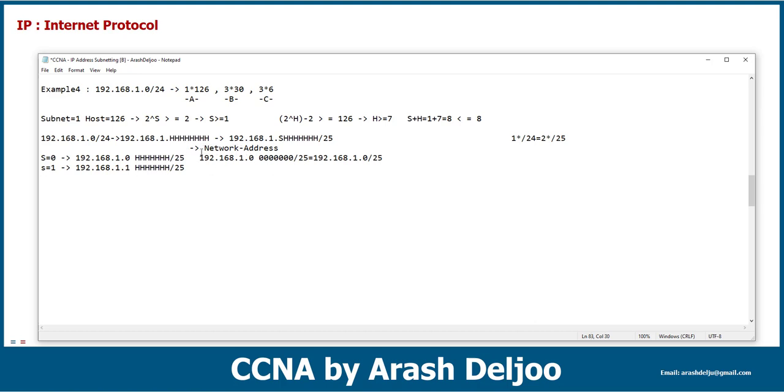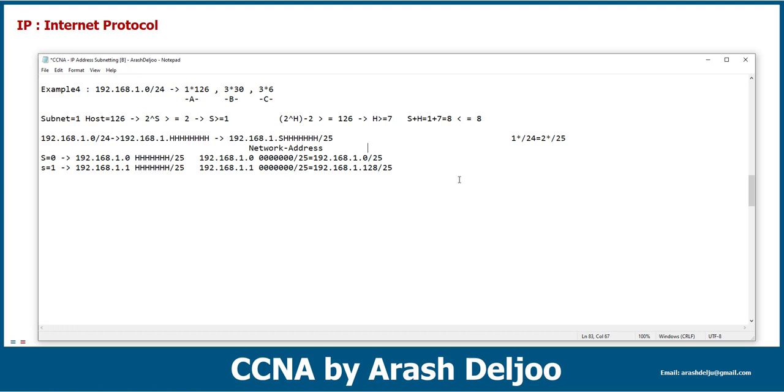This is the network address of the first subnet. Also for the second subnet, we have 192.168.1, again with S as 1, and for the network address we need to use all of the host bits as 0, /25. This is equal to 192.168.1.128/25. These are the network addresses for these 2 networks.